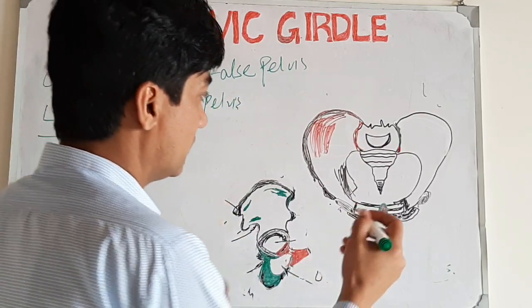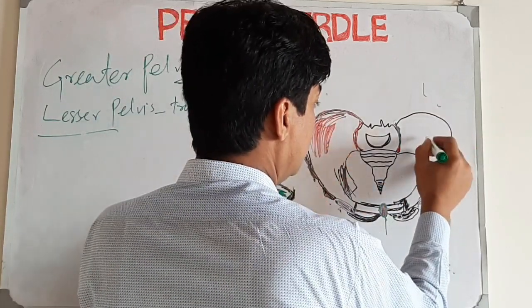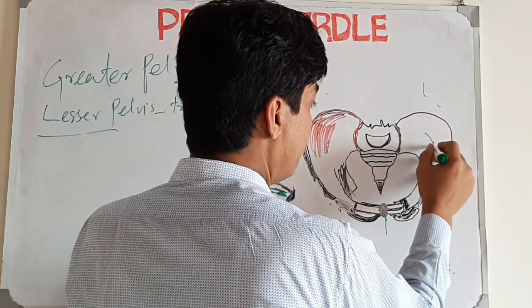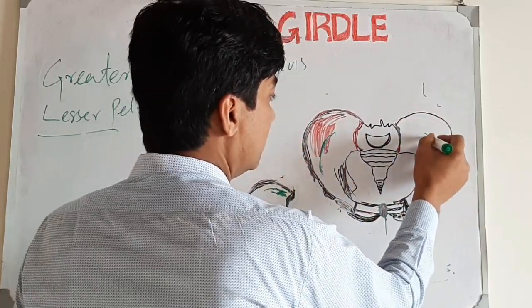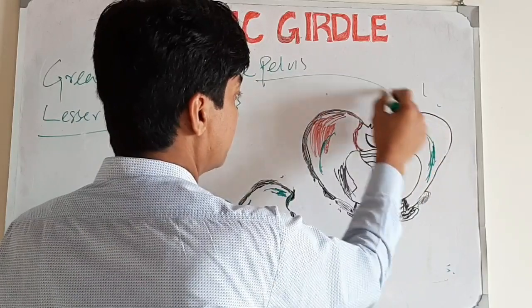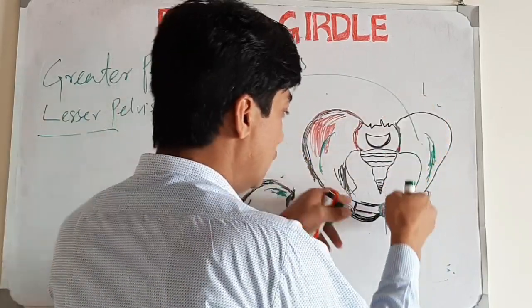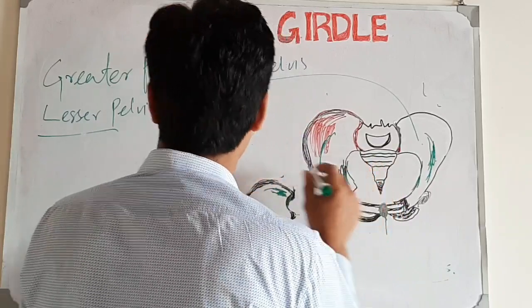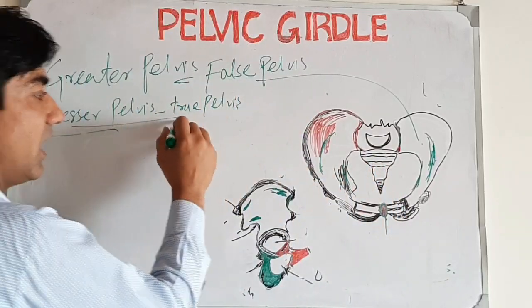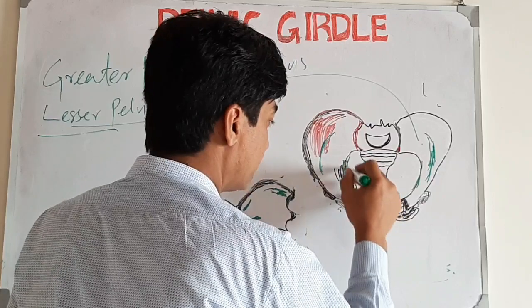The broader portion here, this is the pelvic brim. The broader portion above this is called the greater pelvis, and below the ridge between the two brims is called the lesser pelvis or true pelvis.